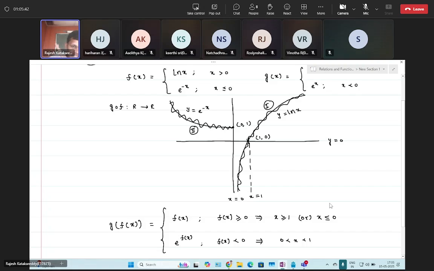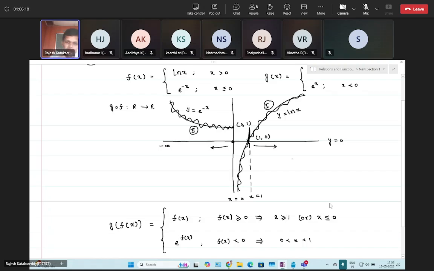For the second part, we can take any x value less than 0. In this direction, if I go, I have only the second part, there is no doubt in that. Clear? Now the first part is starting at x equals 1. If I go in this direction, whatever value of x I have taken, the graph is lying above only, no? So I can take that. That's what I wrote: x greater than or equal to 1 or x less than or equal to 0.